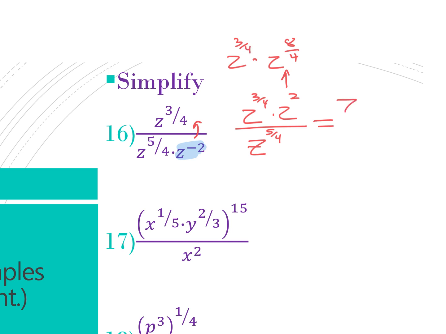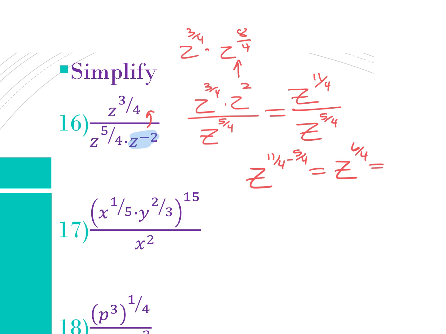So then I could get z to the 11/4, and then now I subtract when I divide. So now I have z to the 11/4 minus 5/4, which is going to give me z to the 6/4, which I need to simplify to z to the 3/2.